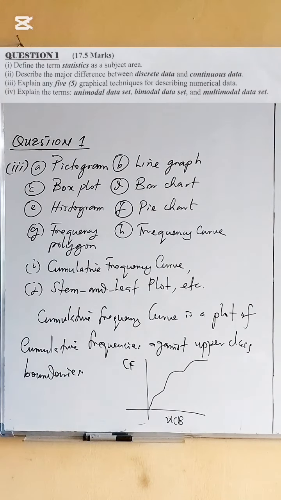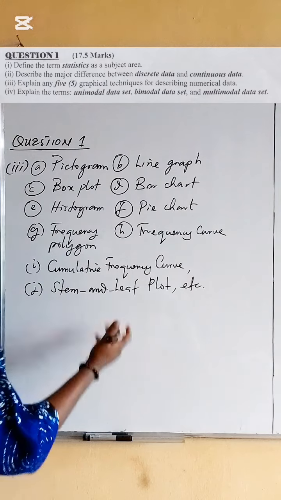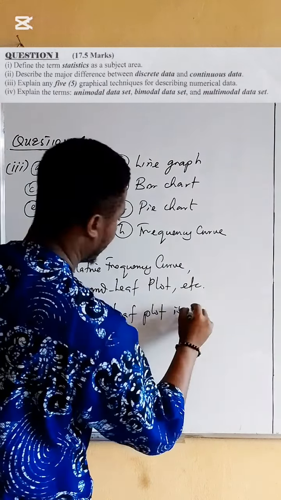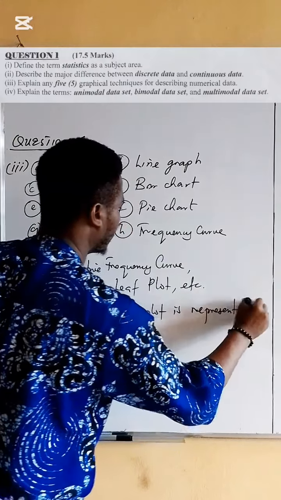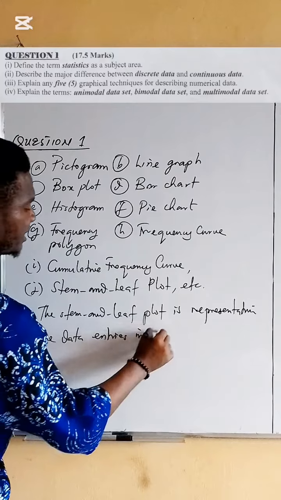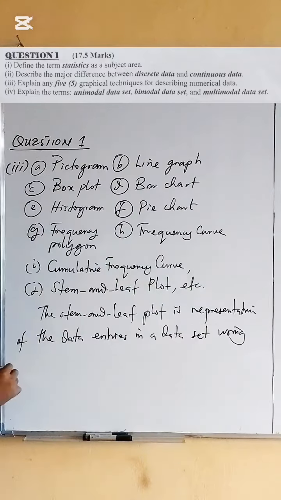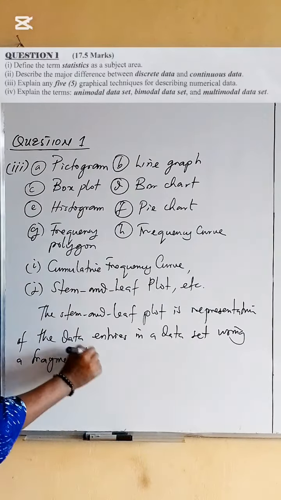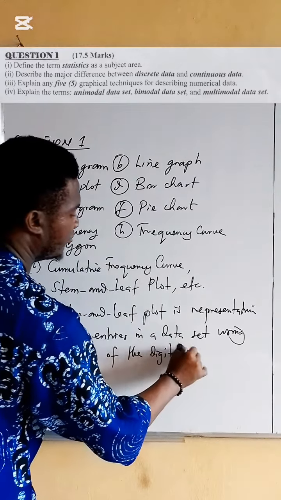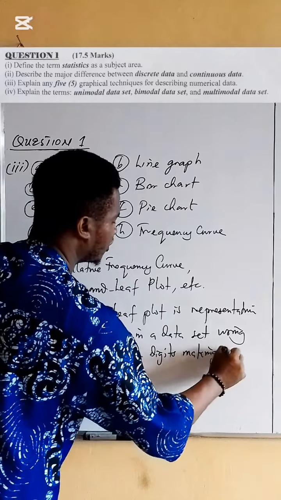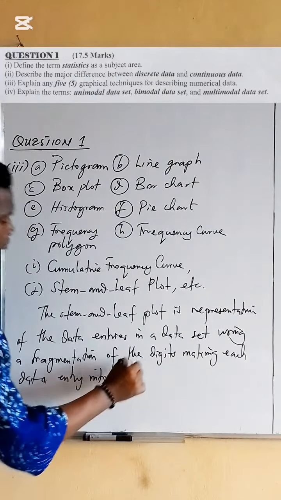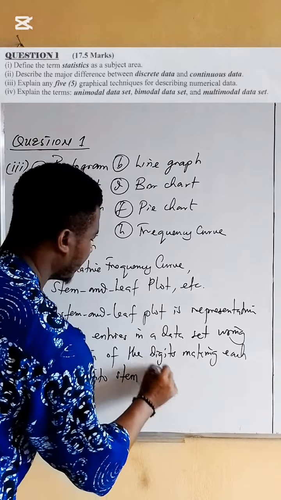Let's go to the next and the final. Now, the last I'll be mentioning in this video is the stem and leaf plot. The stem and leaf plot is a representation of the data entries in a data set using a fragmentation of the digits, making each data entry into stem and leaf.